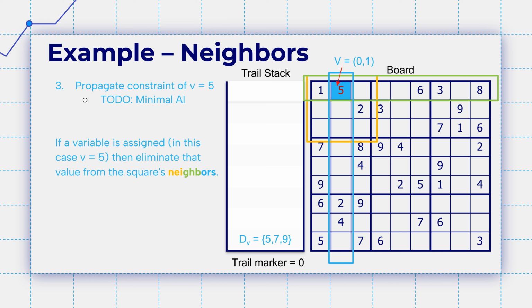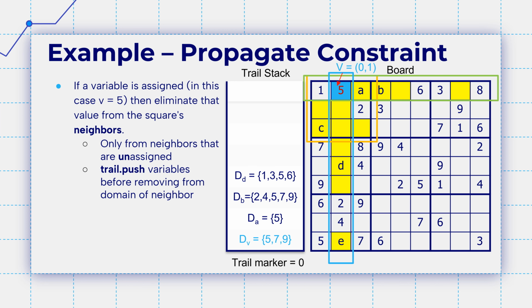Now, who are the neighbors? Neighbors are the cells that are in the same block or same vertical and horizontal line. We will need to go through the neighbors that are unassigned, highlighted in yellow, and remove the value 5 from their domain. But before we remove it, we need to make sure that we push them to the trail to keep track of the changes.